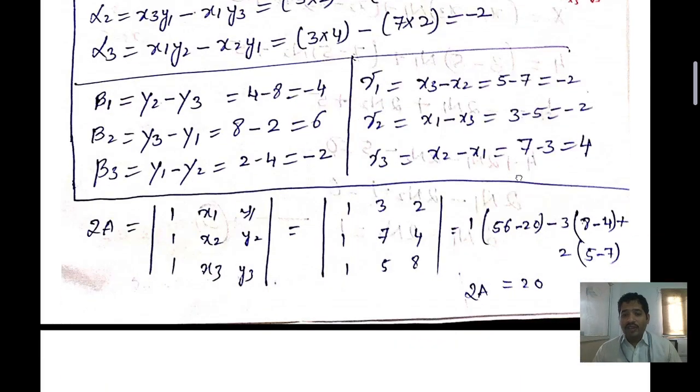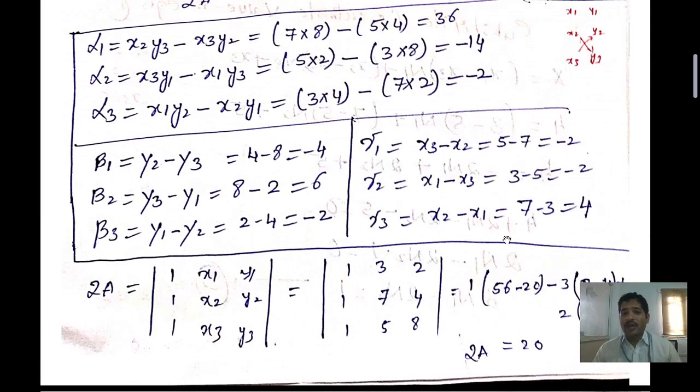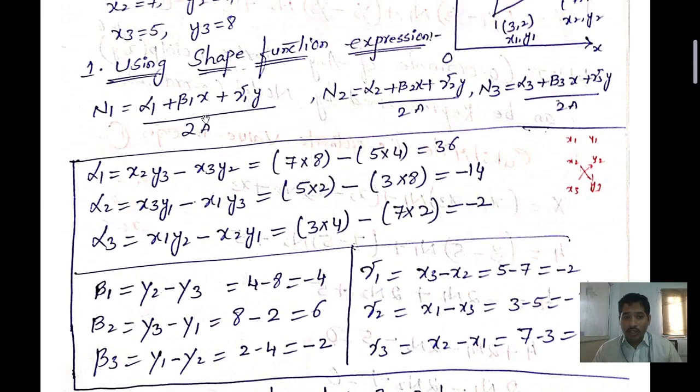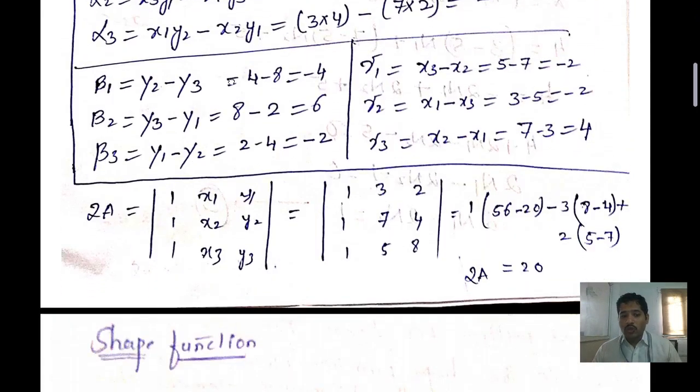Clear? After getting the value of alpha 1, alpha 2, alpha 3, beta 1, beta 2, beta 3 and gamma 1, gamma 2, gamma 3, then our intention is we need to find out the value of the area of the shape function, 2a. So for 2a, if you want to find out, then you have to use the matrix 2a is equal to 1 1 1, x1 y1, x2 y2, x3 y3.